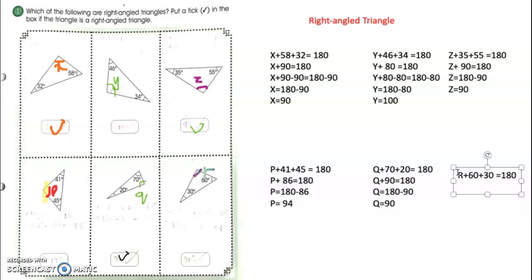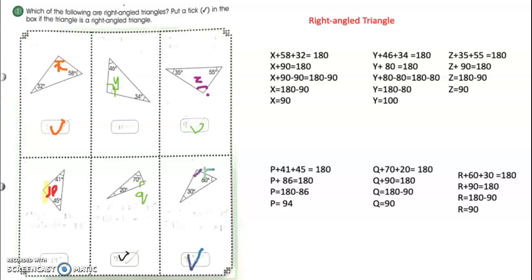This will be very helpful to you. So easy it will be if you do it like this. So it will be 90, right? 60, 70, 80, 90. Well, 180. Now R is equal to 180 minus 90. Therefore, R is equal to 90. So we know that R is 90 degrees. Therefore, this is a right angle triangle.